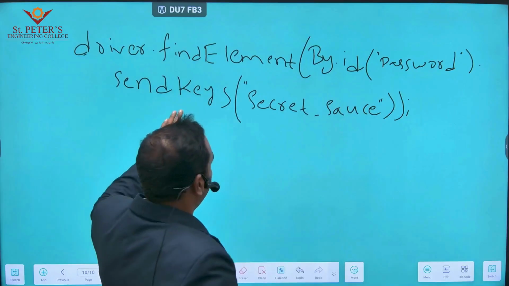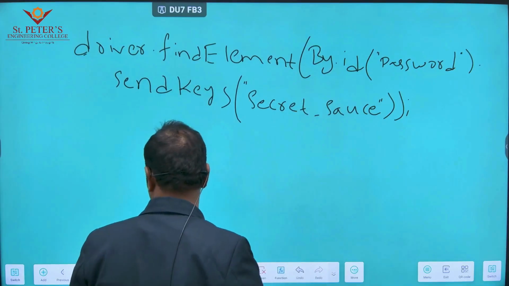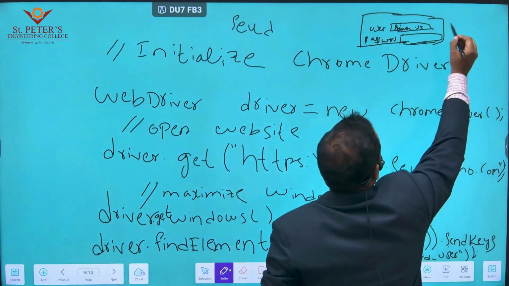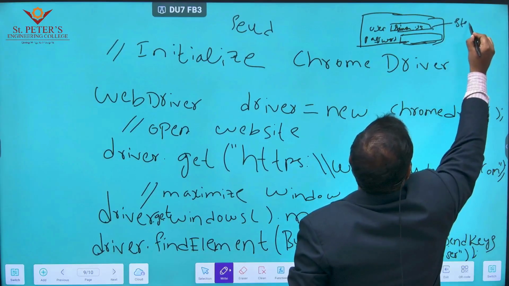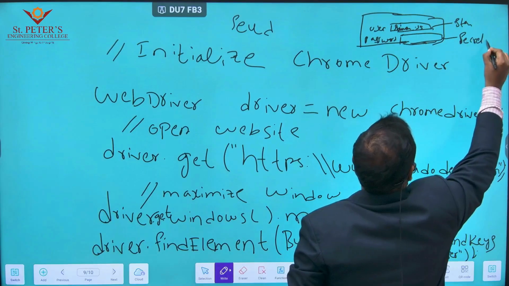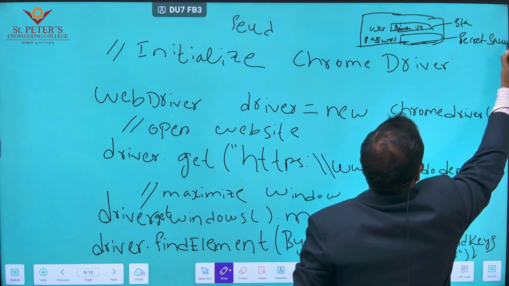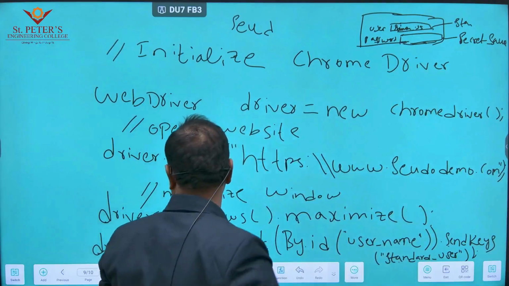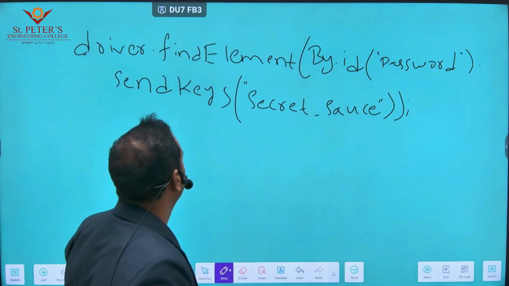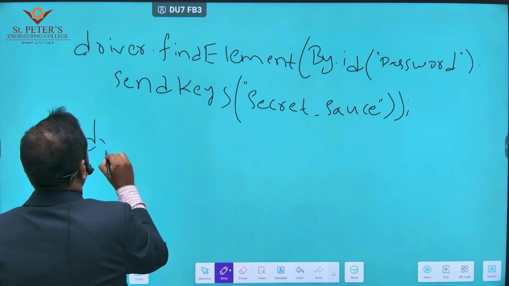In the previous example I showed, the username is standard user and the password is secret sauce. By giving this declaration, it will type that.